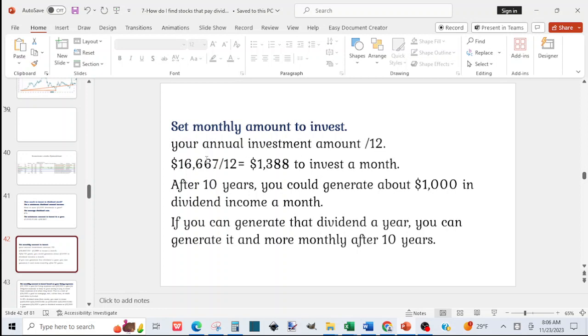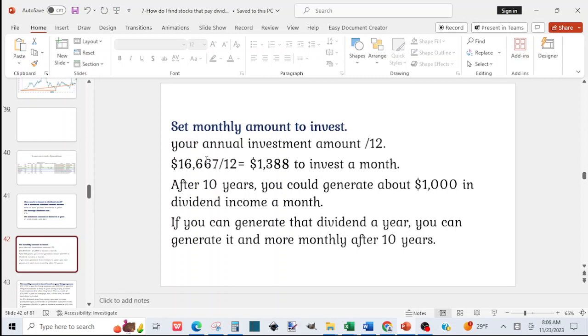And when you take that $16,000 that you need to have invested, maybe you don't have $16,000 right away to invest, then you take that $16,000 and you divide it by 12 for 12 months, and that will give you $1,388 to invest a month.